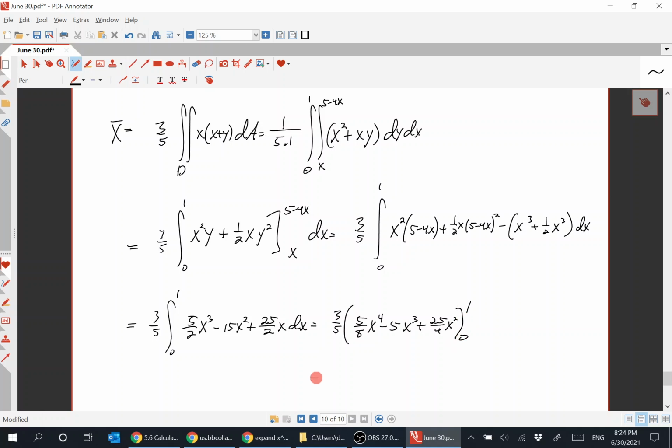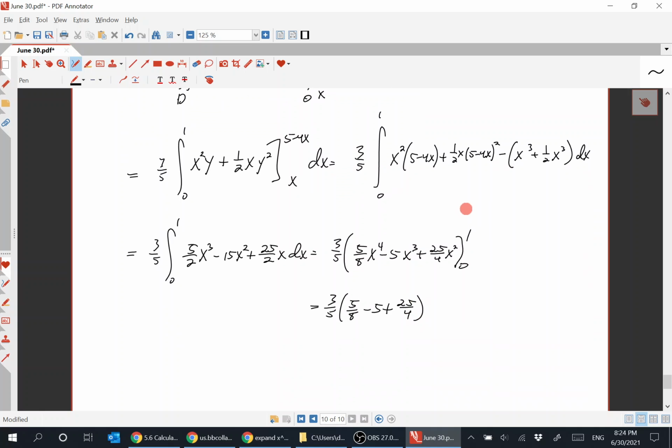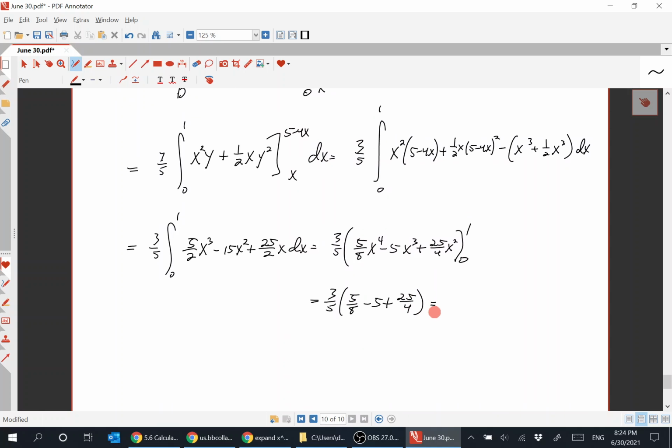from 0 to 1. So this gives me 3/5 times 5/8 minus 5 plus 25 over 4. So the least common denominator here is 8. So 3/5 times 5 minus 40 plus 50 over 8. So 15 over 8.